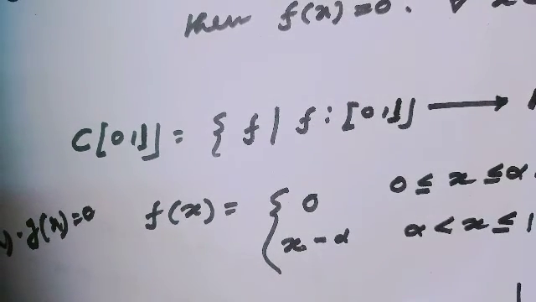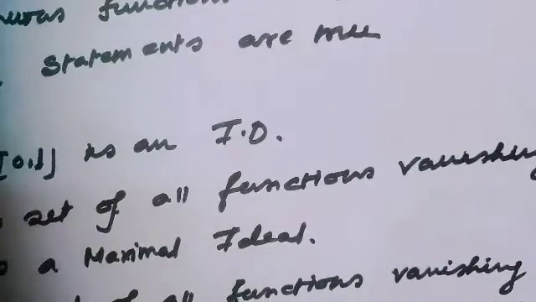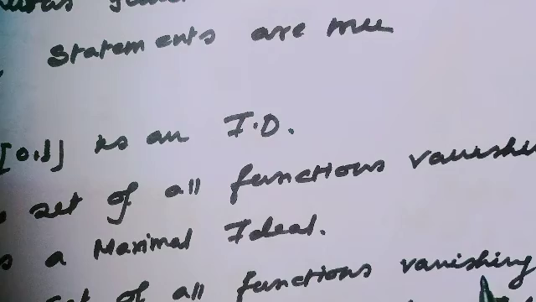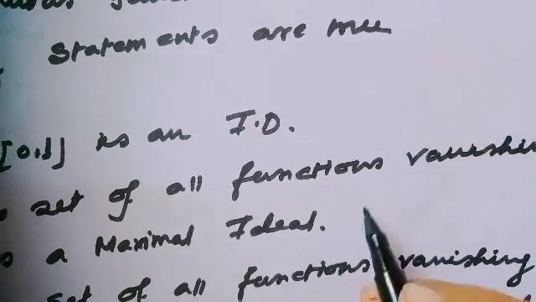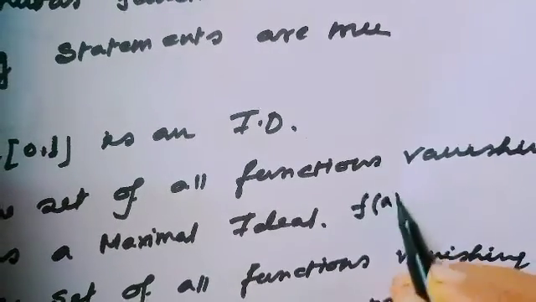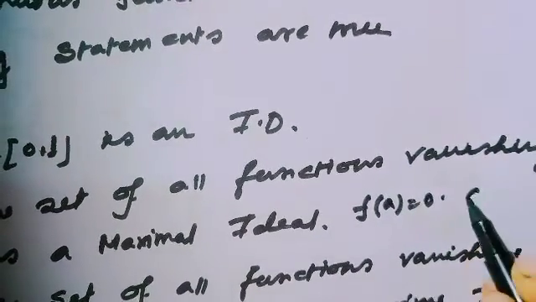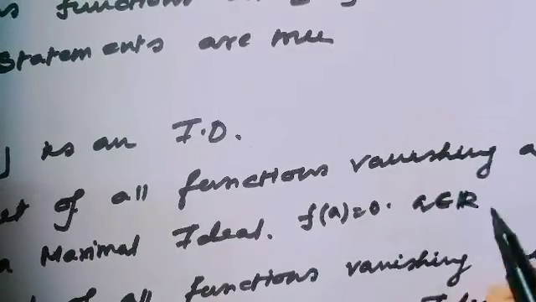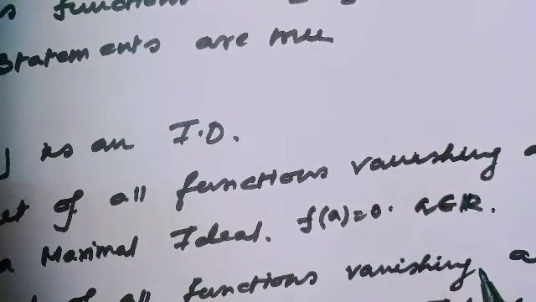And option 2 indicates the set of all functions vanishing at 0 is a maximal ideal. All of us know in C[0,1] the set of functions with f(a) equal to 0, where a is any real number, is obviously a maximal ideal.